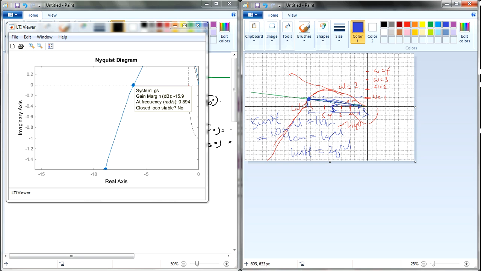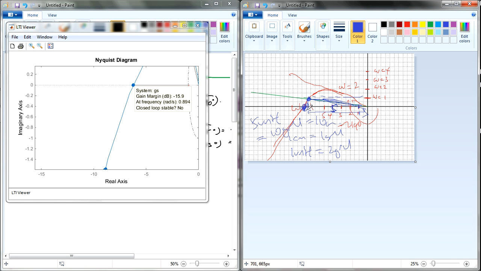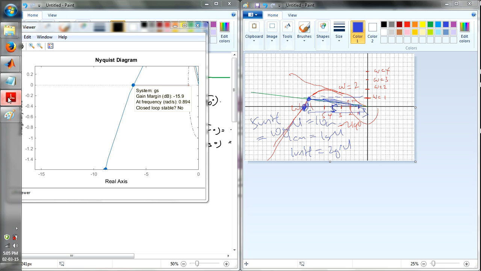So we're now eligible to do this analysis. What will be the frequency over here where the root locus crosses the real axis? Because typically if you do that, then you can determine your gain and phase margin.